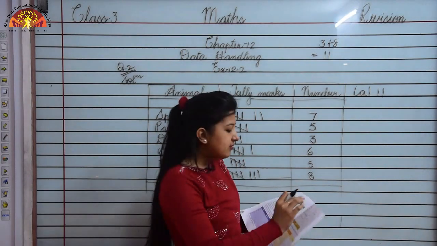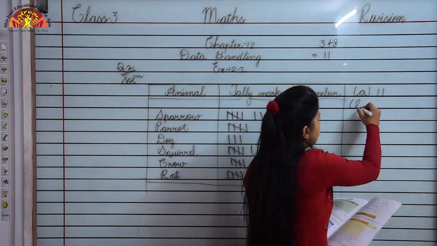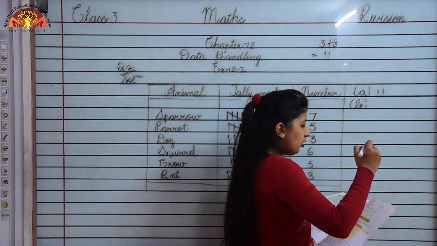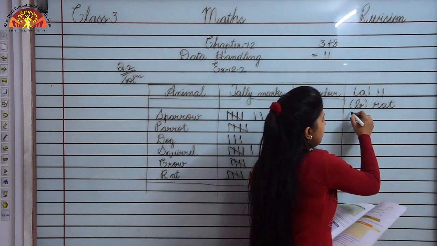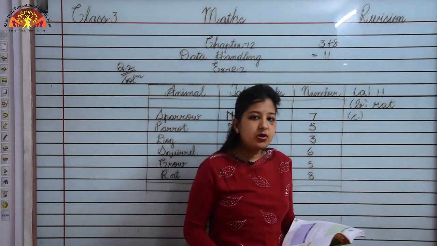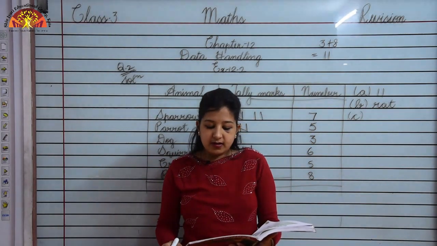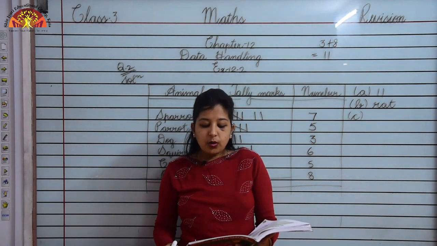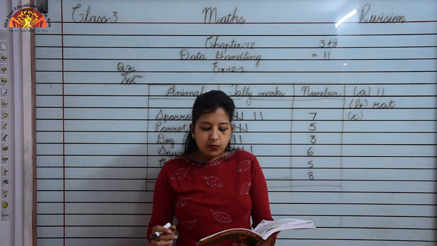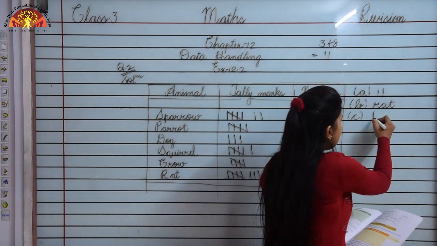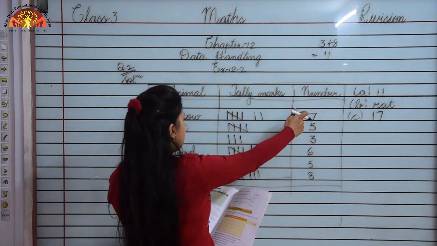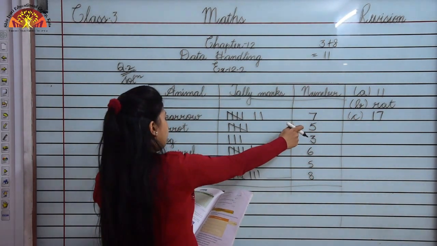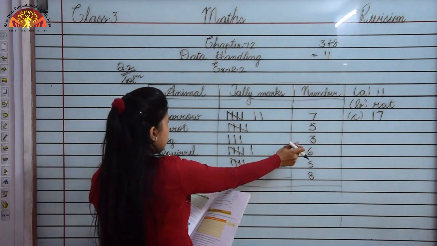So he saw rats. He saw rats the most. Now C part of this question is how many birds did he see in all? उसने total कितनी birds देखी थी? So he saw 17 birds in all. Fine. 7 plus 5 plus 6.